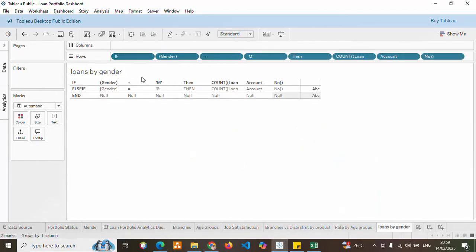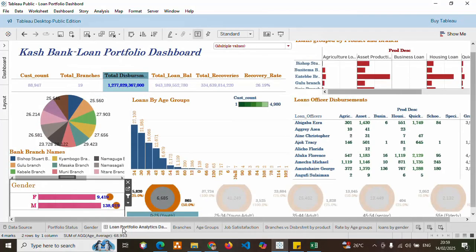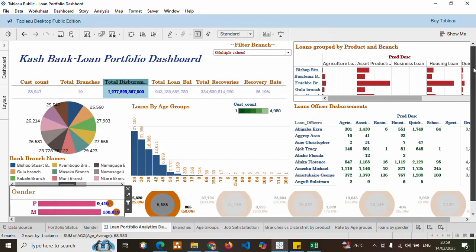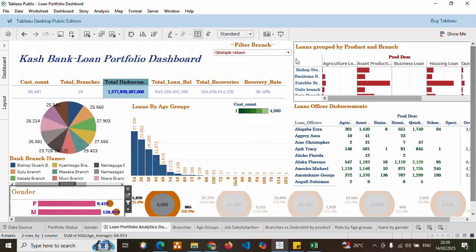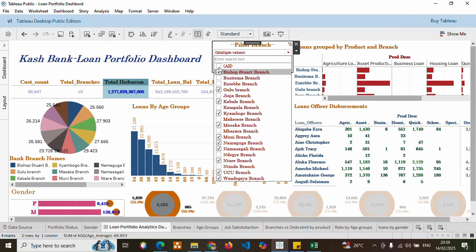After all these that I have explained from different worksheets, they all come to this dashboard that I have displayed on this screen. Furthermore, on this screen I have a filter that is used to filter all branches.